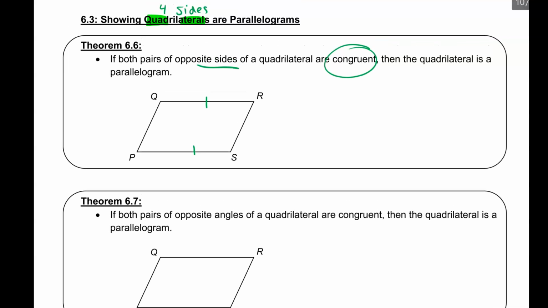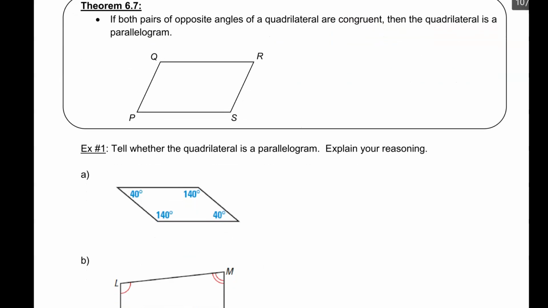If I have a 4-sided object and each pair of opposite sides is congruent, then once we have this piece of information, we say yes, it will be a parallelogram. This is how we prove it, and this is how we can define it.